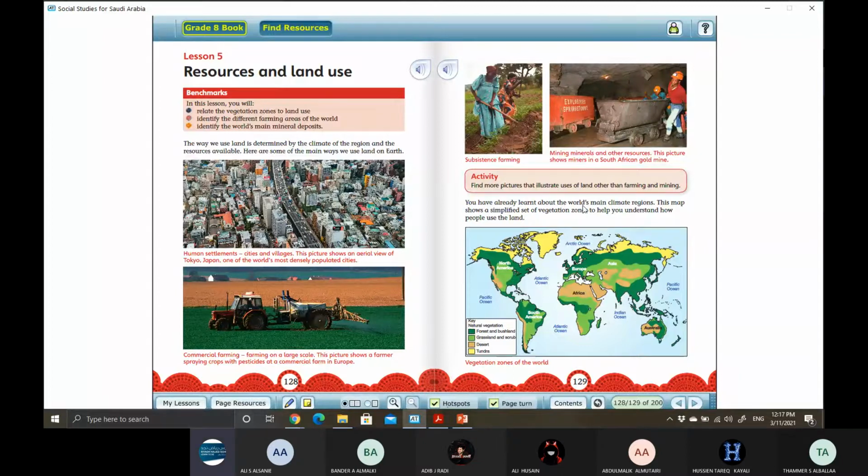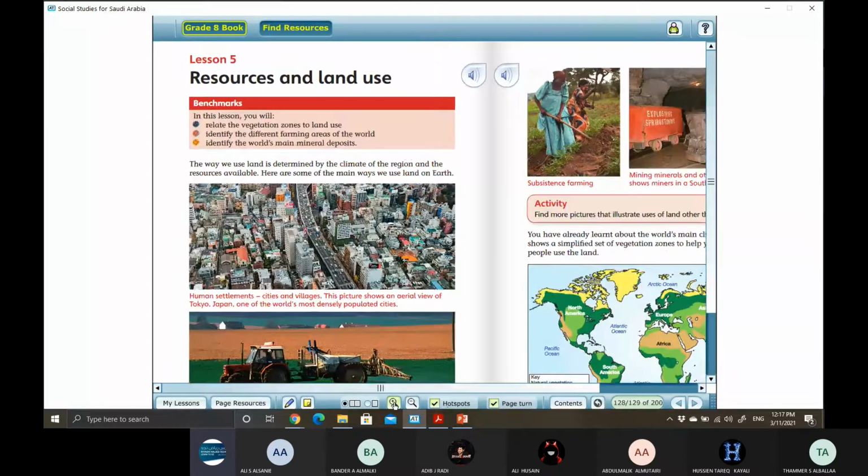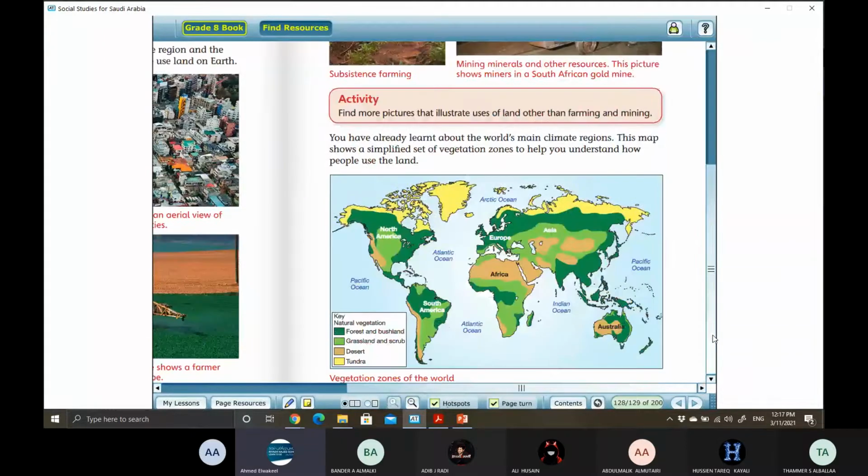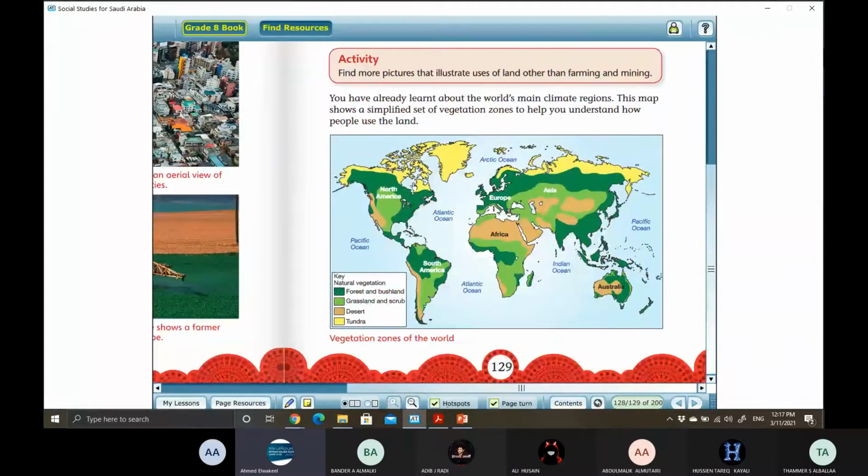You have already learned about the world's main climate regions. This map shows the simplified set of navigation zones to help you understand how people use the land. Of course, navigation zones means the zones that we can farm in. So all the dark green here are the forests and the bushlands. All of them, of course, are super fertile and we can use them for farming.